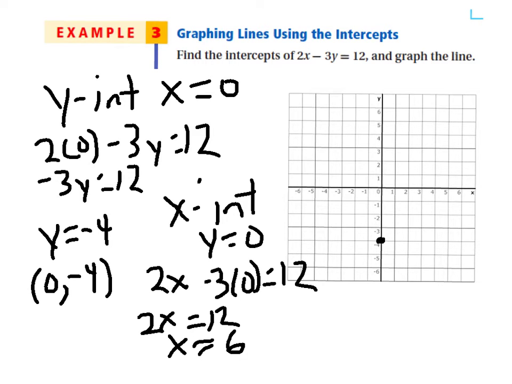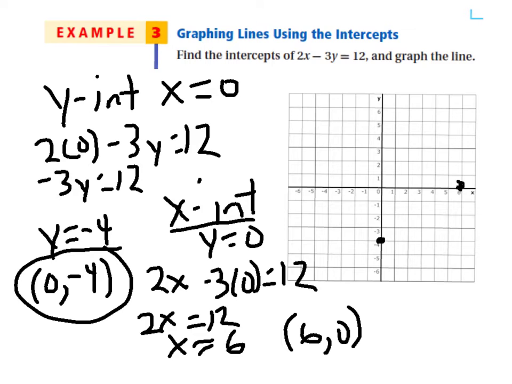So that means the x-intercept is at 6, 0. Remember, x is 0 at the y-intercept, y is 0 at the x-intercept. So let's put a dot at 6, 0. And so we have found both intercepts. 0, negative 4 is our y-intercept, 6, 0 is our x-intercept.